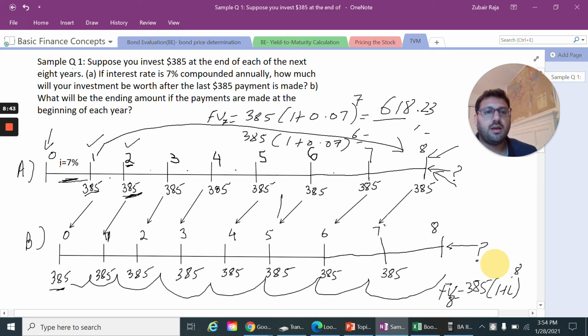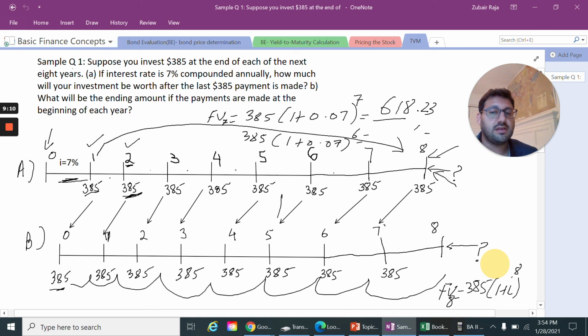Now, because every cash flow has the opportunity to earn the interest for one more period, you can check with the second cash flow as well. In scenario A, the second cash flow has the opportunity to earn the interest only for 6 periods. But in scenario B, the second cash flow has the opportunity to earn interest for 7 periods, right?